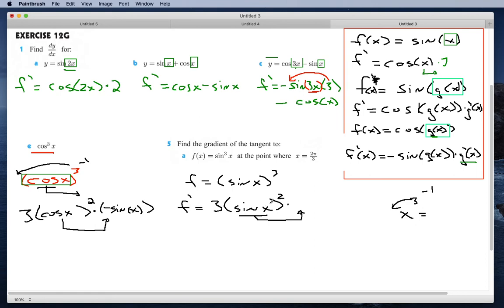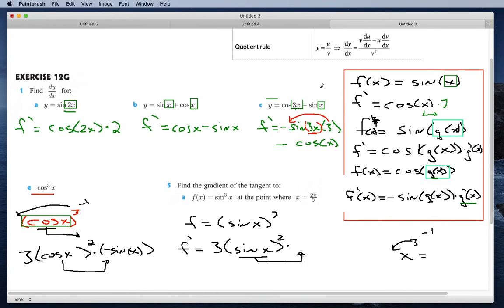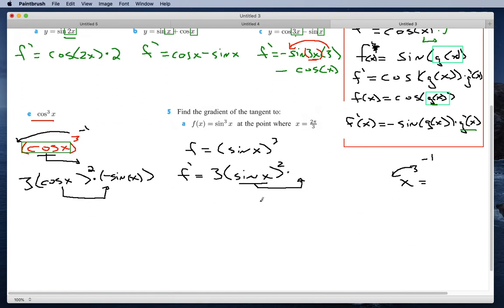So the derivative of sine x in this case, if we look again up top, is cos x. So I'm going to throw that in there, and now I have my derivative. But they would like us to find it at 2 pi over 3.